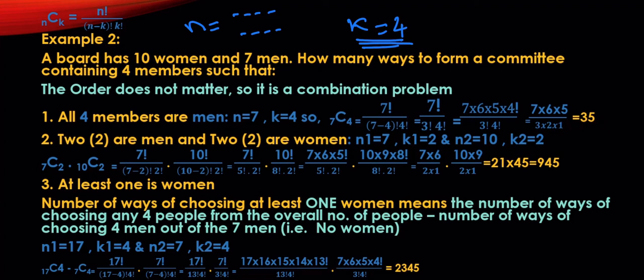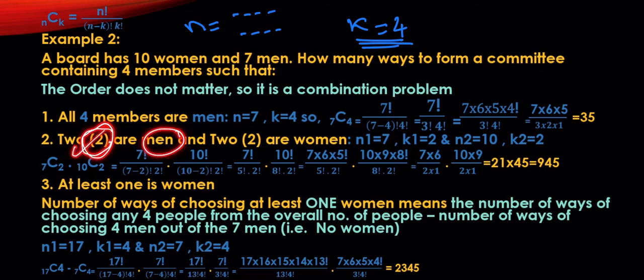So here, he said the 4 members such that 2 are men and 2 are women. Read it again. So now he changed my K. My K was 4. Here I have to choose only 2 of the men.